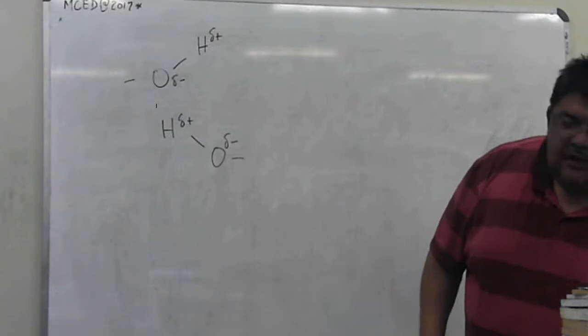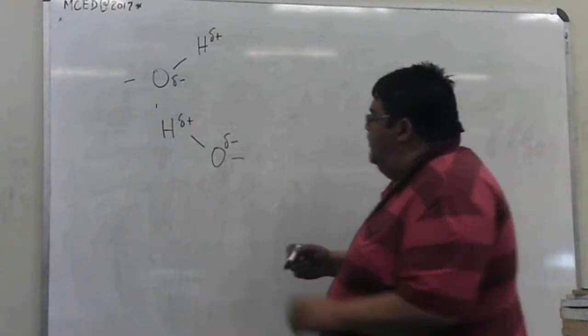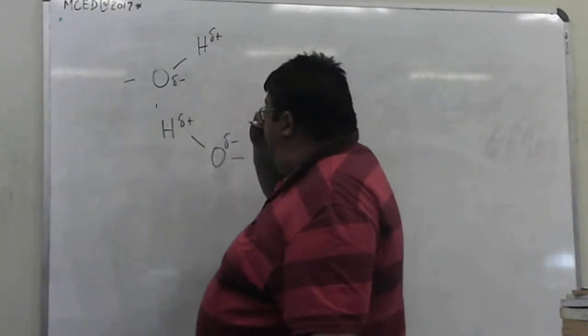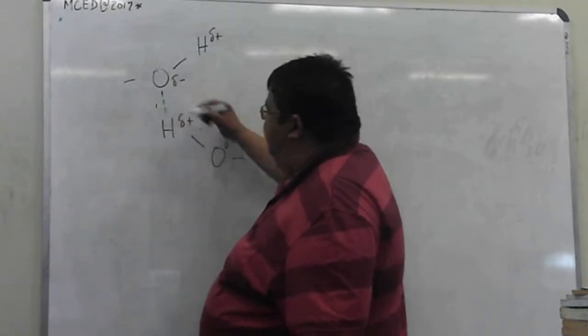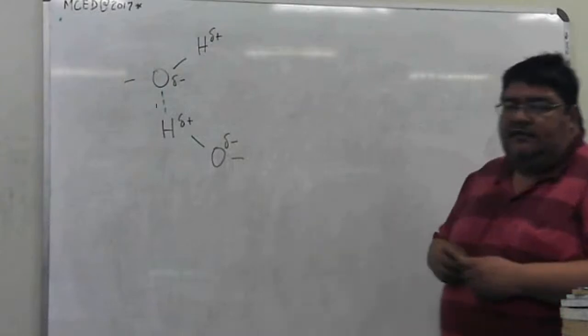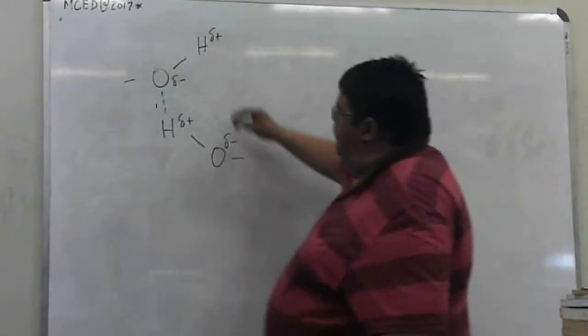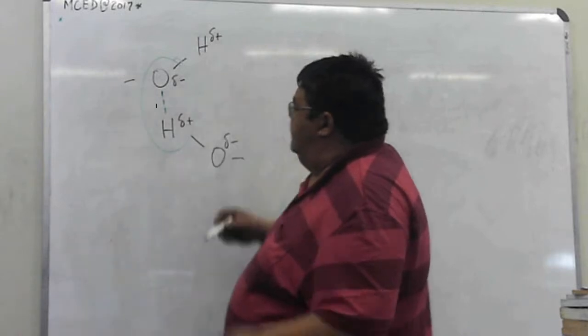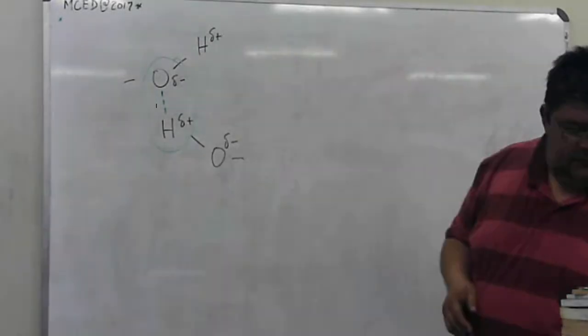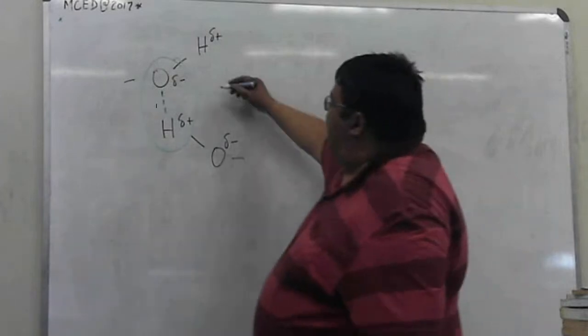So, between the positive dipole moment of the hydrogen and the negative dipole moment of the oxygen, a force of attraction can develop. And that force of attraction is known as a hydrogen bond.